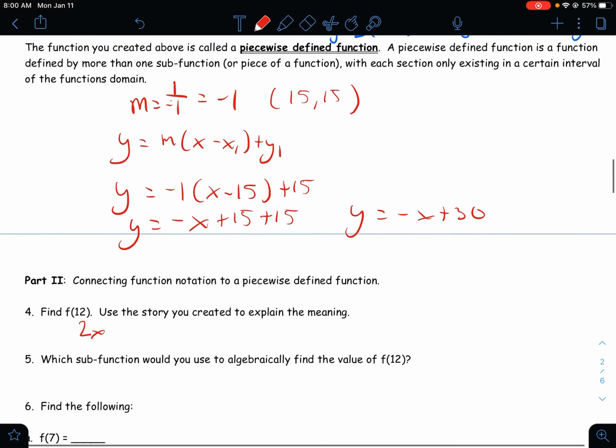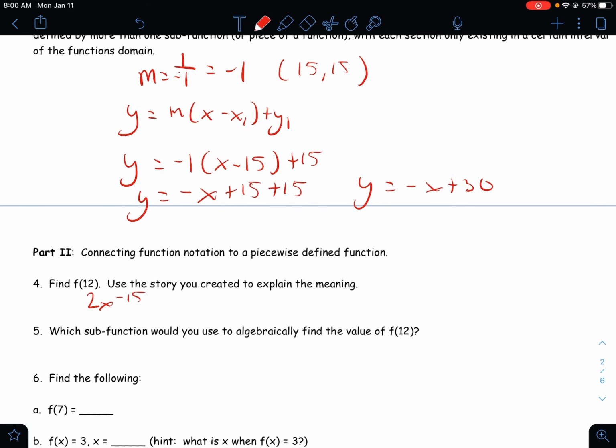Yes, 2x minus 15. So we're going to say 2 times 12 minus 15, which gives us 24 minus 15, which is going to give us 9. So we could say f of 12 equals 9.